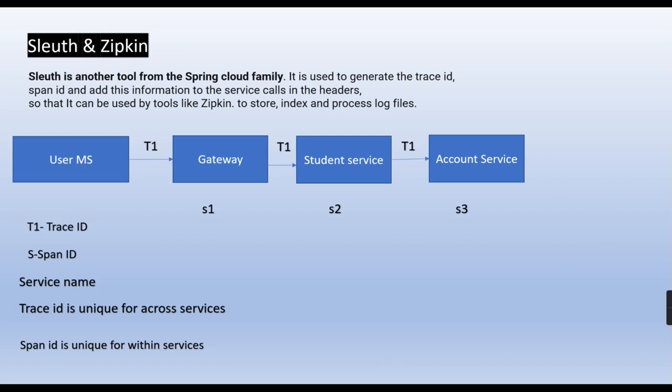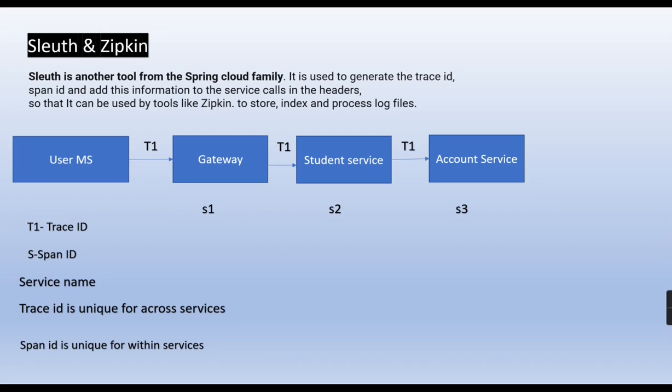And each service is going to have one span ID, a unique ID within the service. Here we need to understand that the trace ID is common across the entire application, but the span ID is common only within the service. That is the difference we need to identify.